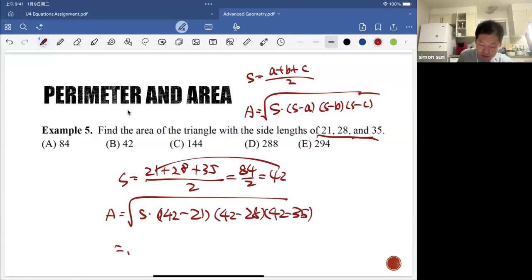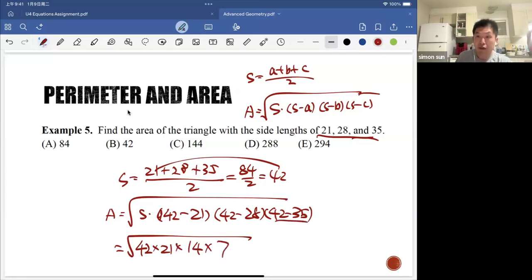This is equal to the square root of 42 times 21 times 14 times 7. If you calculate the inside values, it is equal to 294. And we will choose E as the right choice.